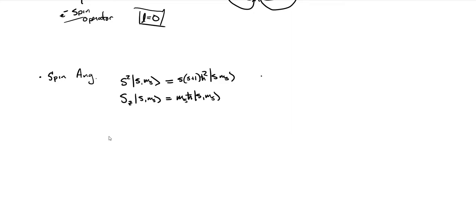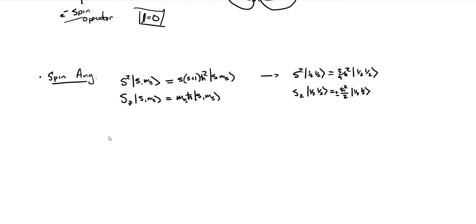So for our spin 1/2 system, S squared operating on the |1/2, 1/2> spin up state ended up equal to 3/4 h bar squared |1/2, 1/2>, and the Sz operator acting on that same state ended up just being h bar over 2 |1/2, 1/2>, and this could be plus or minus, the two different eigenvalues for that.